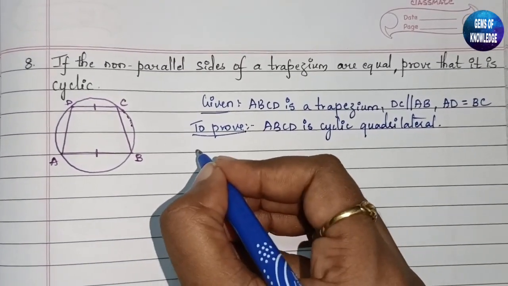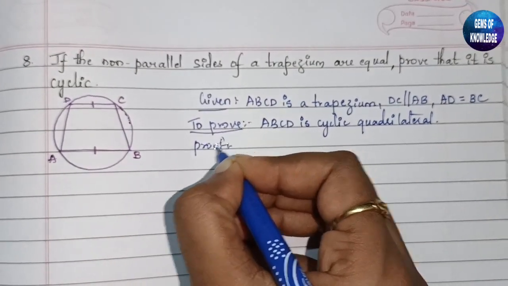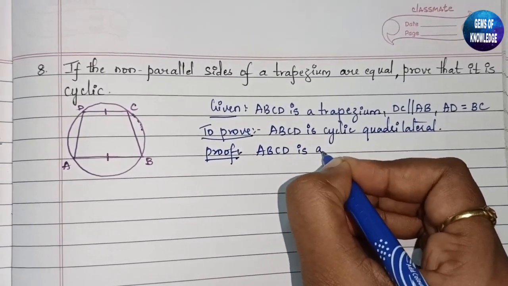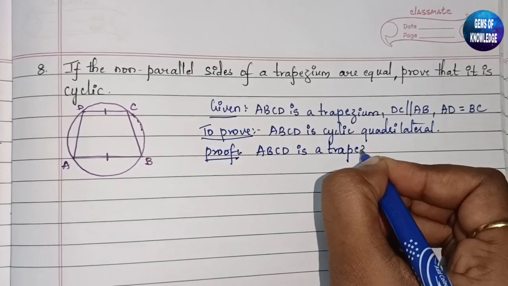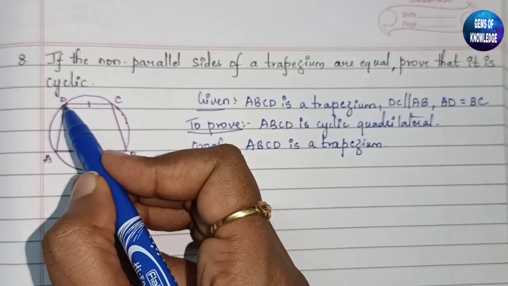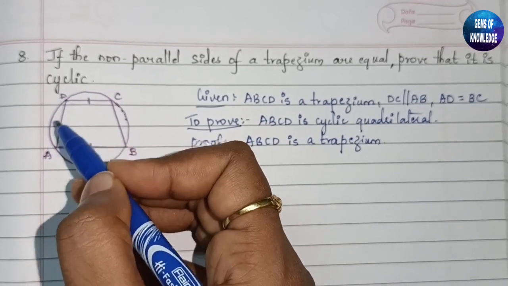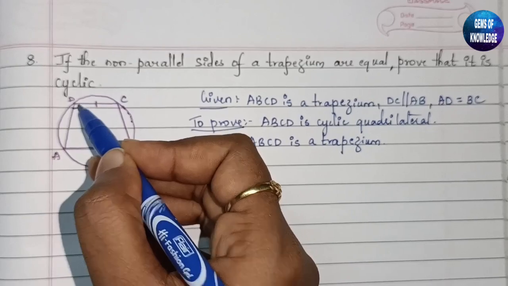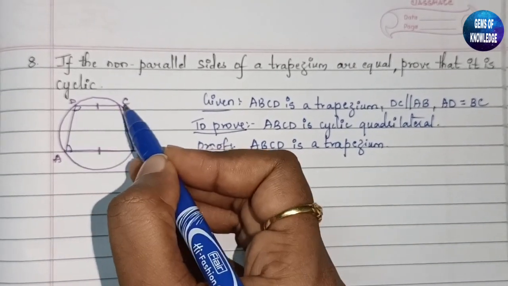Now the proof. We know that ABCD is a trapezium. If it is a trapezium, we know that the sum of adjacent angles is equal to 180 degrees.